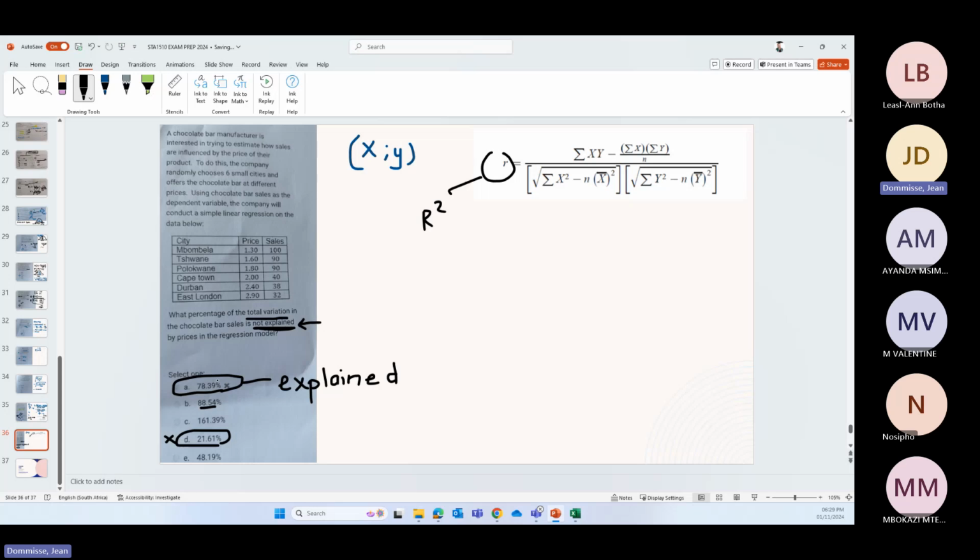That was what is explained. So this is the not explained. I would not have done that. So I would have gotten this wrong in the exam as well. So we're not looking for the explained, we're looking for the not explained. That is the not explained. So that is 21,61.